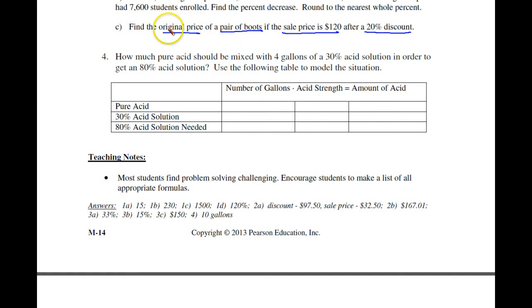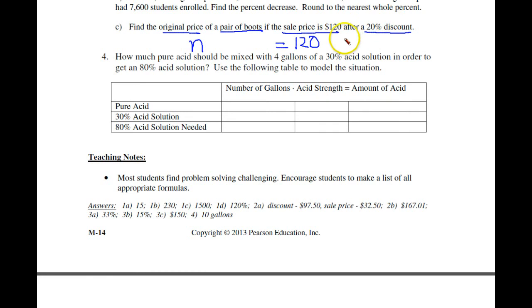So we're going to call the original price N. We could use X, but we're definitely not going to use O because that looks like a 0. This was the original price of the book, of the boots, I should say. Now, the sales price was $120. That's what you paid afterwards. But you had here a 20% discount.